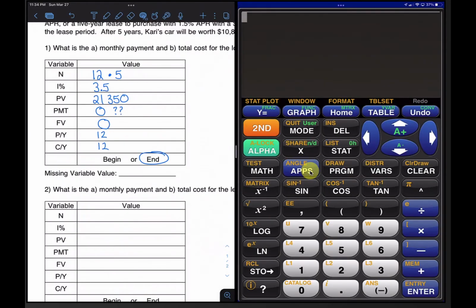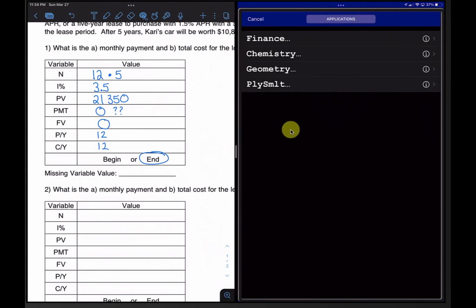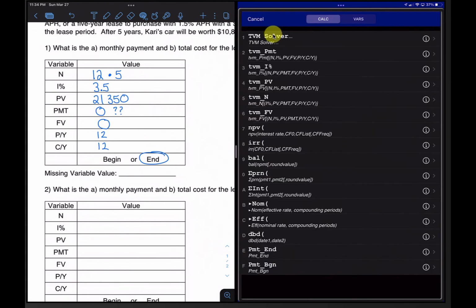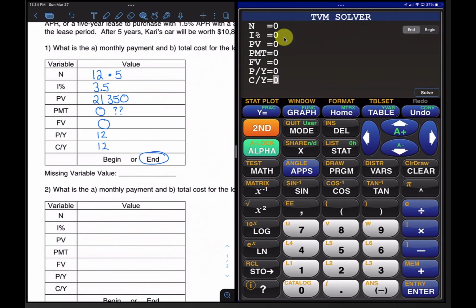On the calculator, in case you have forgotten, you press Apps, then select Finance at the top, then select your TVM solver at the top. And then you start typing in the values. Type in 12 times 5, interest rate 3.5, present value is $21,350, 0 for payment, 0 for future value, and 12 for PY and CY.